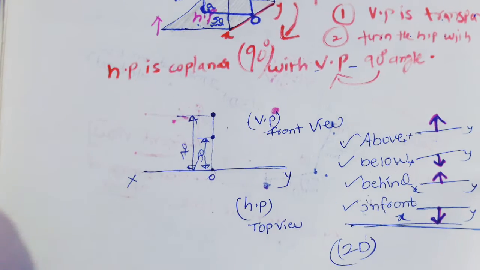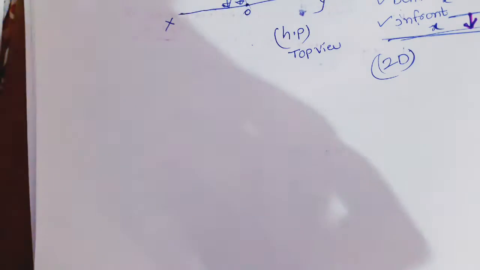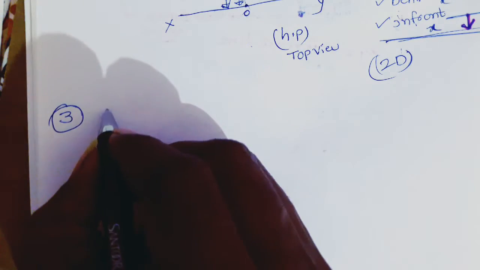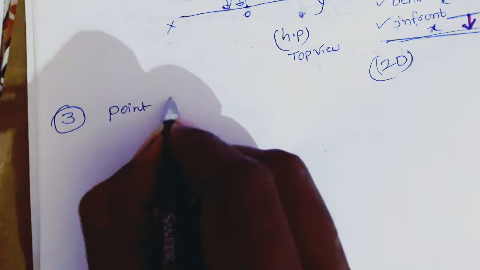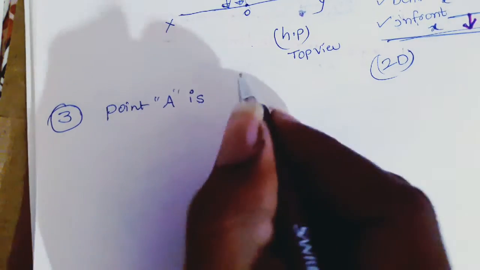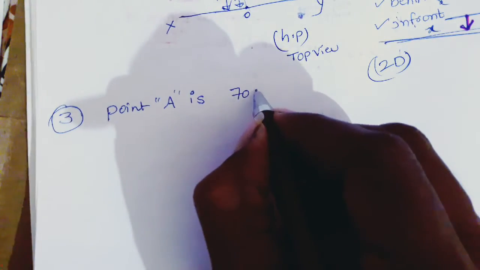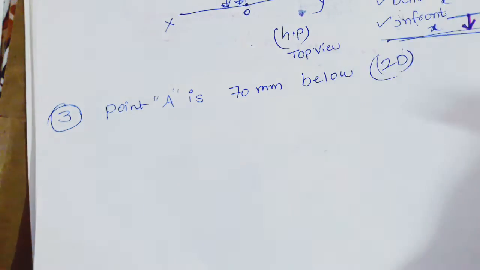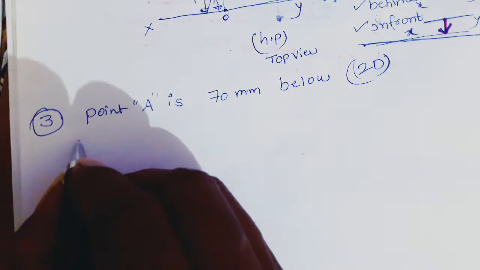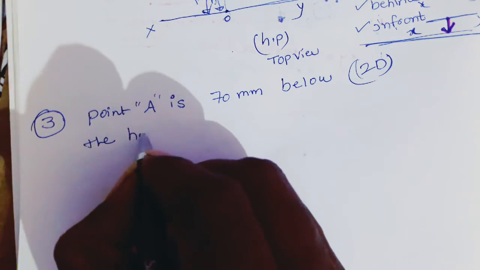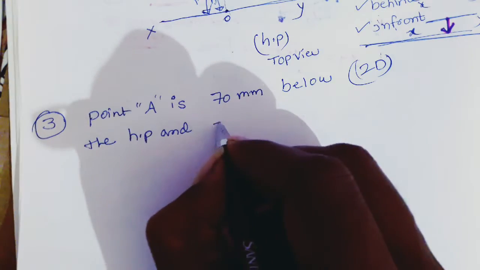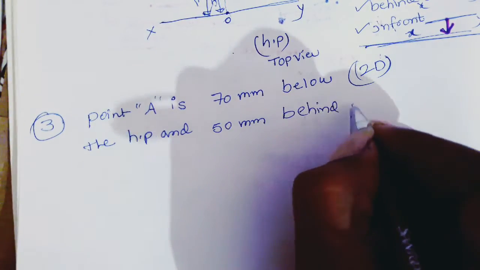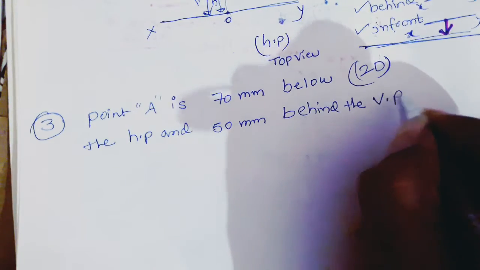Next, third condition. Point A is 70 mm below the HP and 50 mm behind the VP.